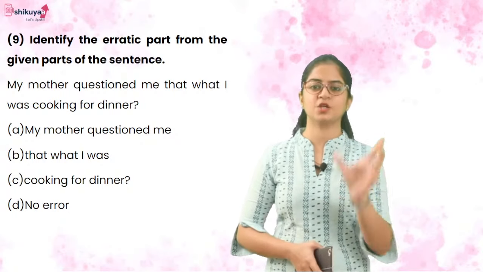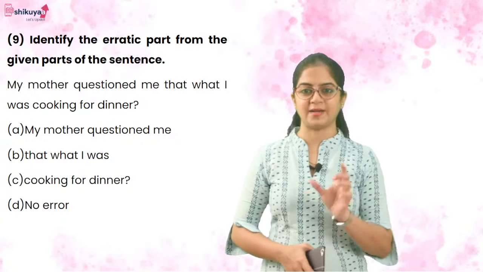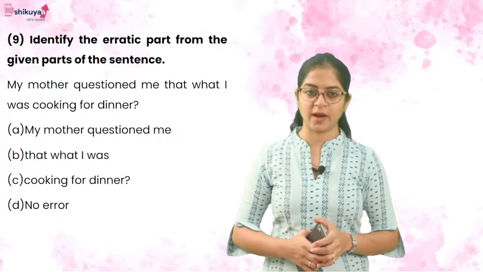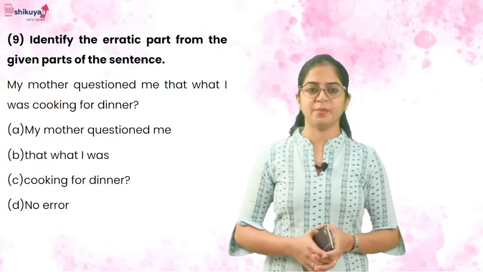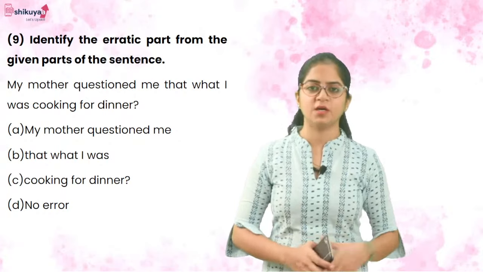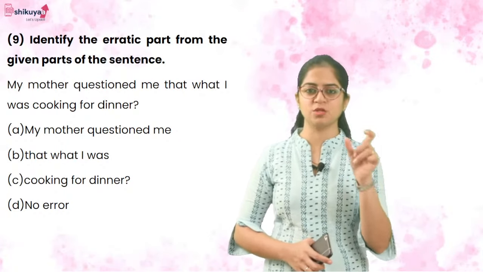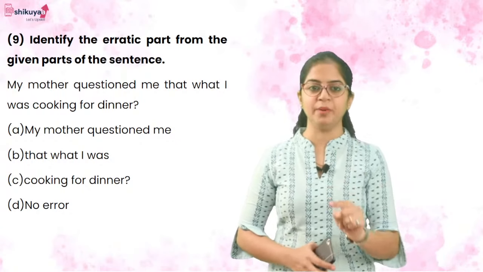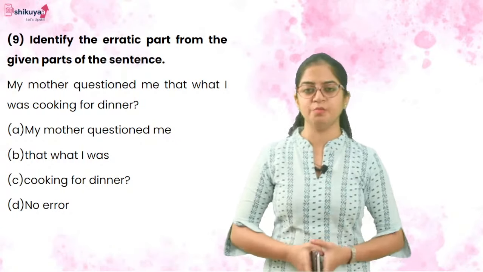So when it is an interrogative sentence, you should not use "that" in the sentence. Whereas in this sentence, they have used "that". My mother questioned me what I was cooking for dinner is the correct sentence. So in which part have they used "that"? It's part B. So that's the errored one. So your answer is option B.